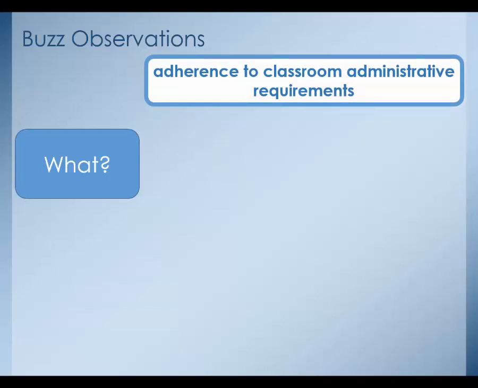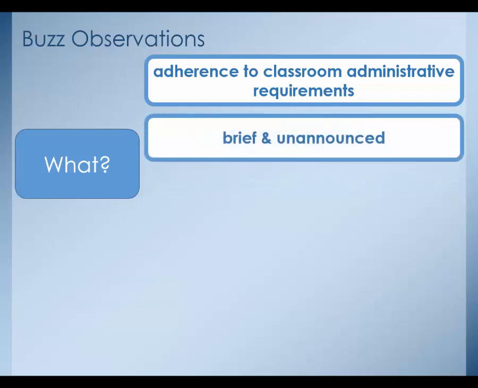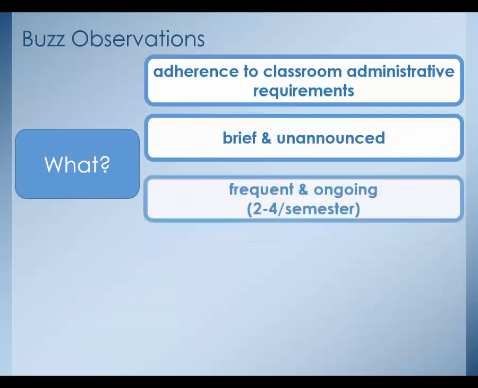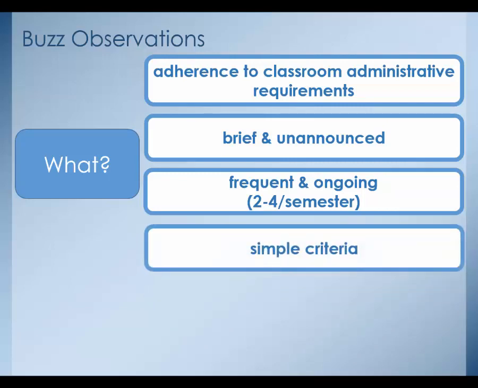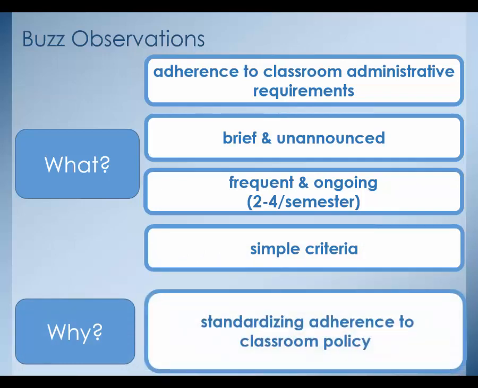For example, student attendance and lesson planning. These observations are very brief and unannounced. They are frequent and ongoing, taking place between 2 and 4 times per semester, and use a very quick, simple check form. These observations are done to ensure that all teaching staff are following classroom policies.